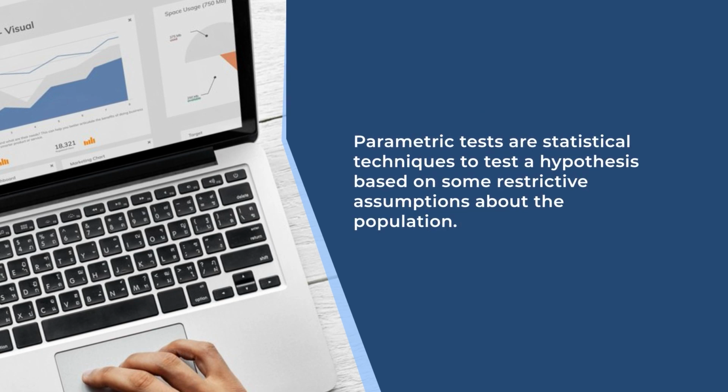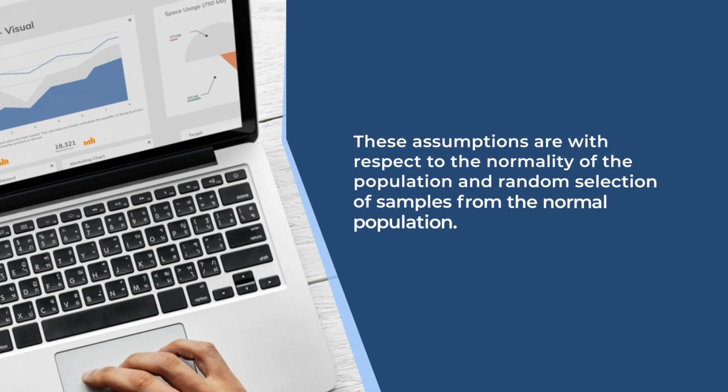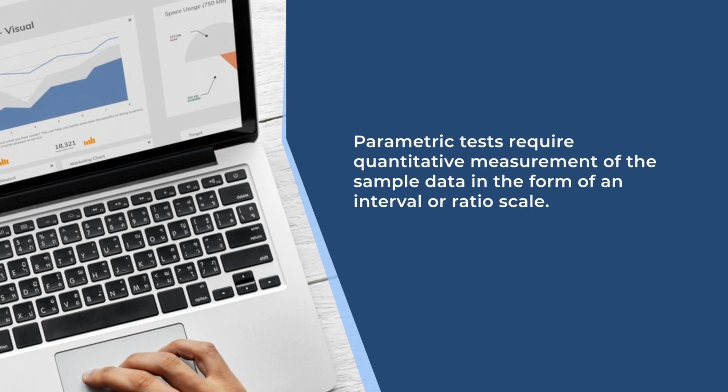Whereas parametric tests are based on some restrictive assumptions about the population. Generally, these assumptions are with respect to the normality of the population and random selection of samples from the normal population. Additionally, parametric tests require quantitative measurement of the sample data in the form of an interval or ratio scale.